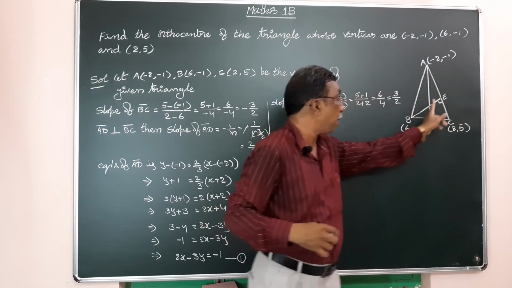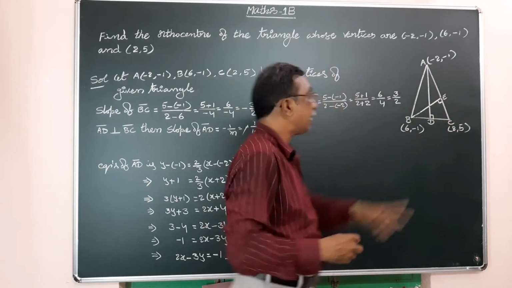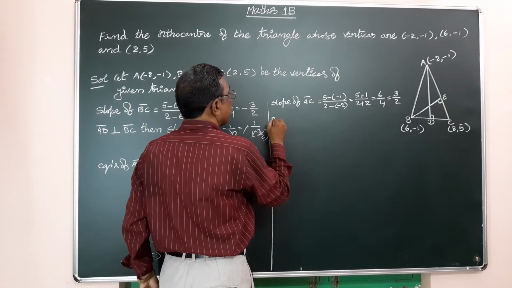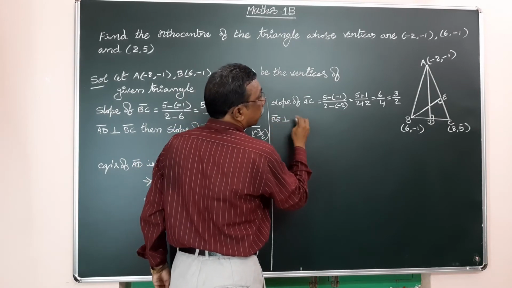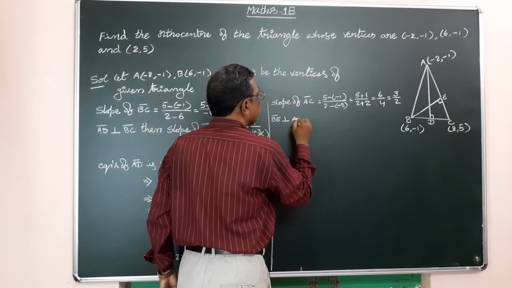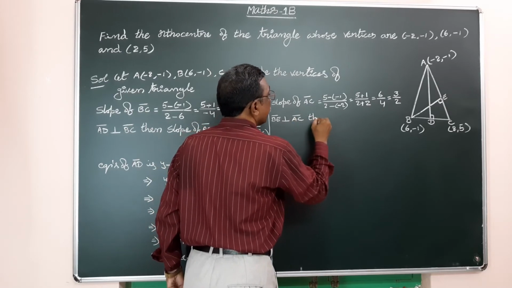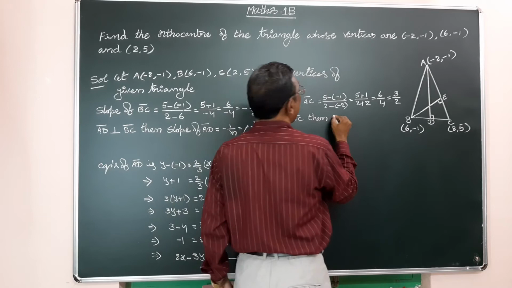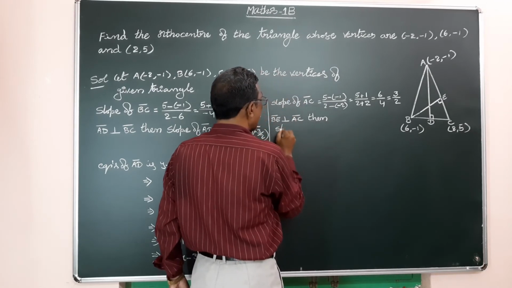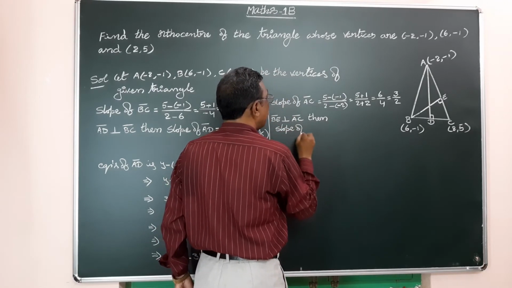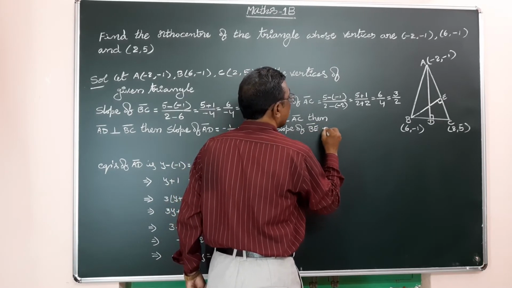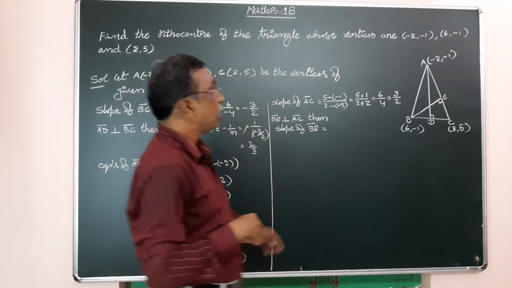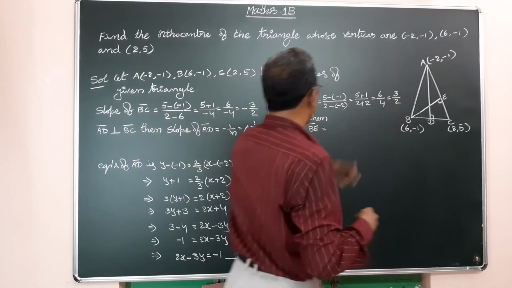Next, BE bar is perpendicular to AC bar. Then slope of BE bar equals, slope of AC bar how much? 3 by 2.